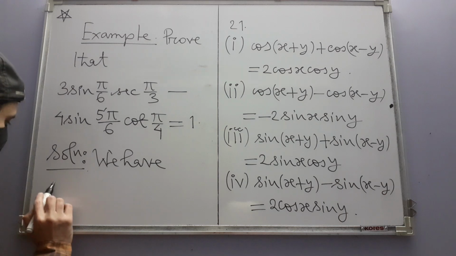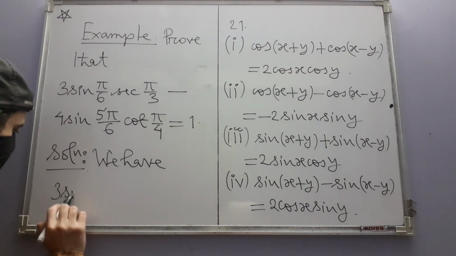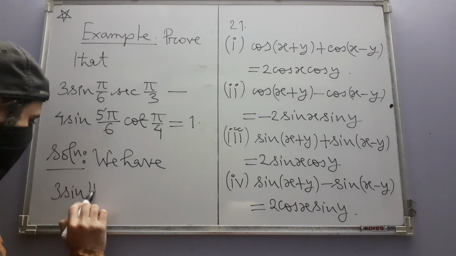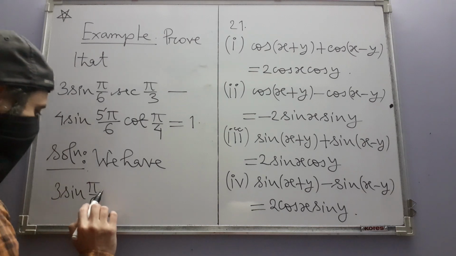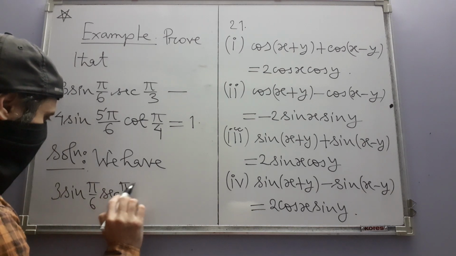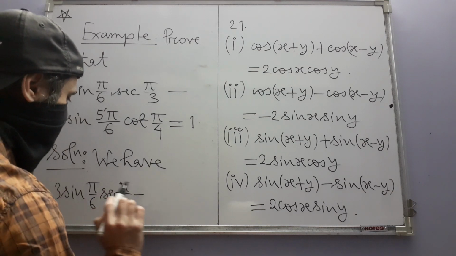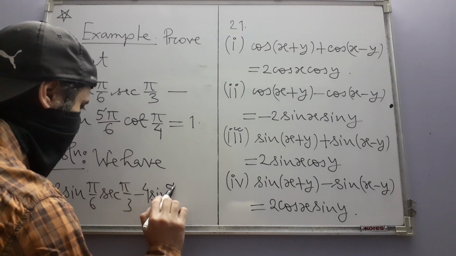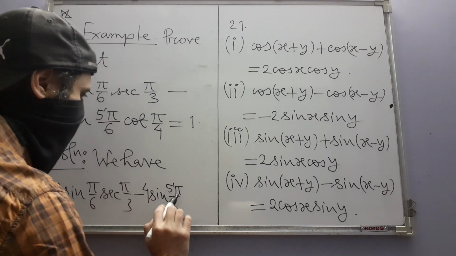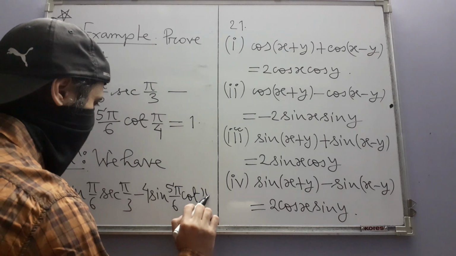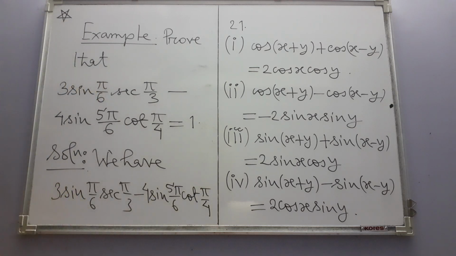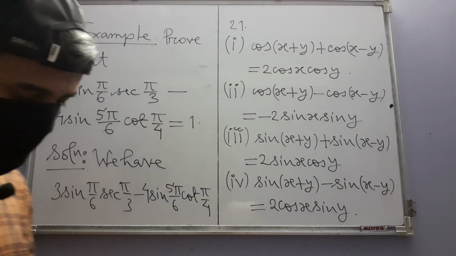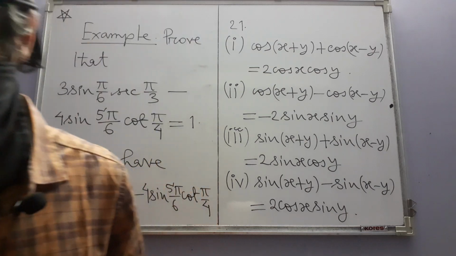So we have 3 sine pi over 6 times secant pi over 3 minus 4 sine 5 pi over 6 times cot pi over 4. So we will need to recall the known values.